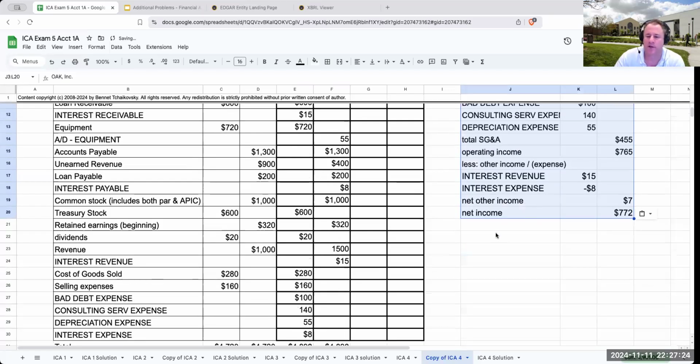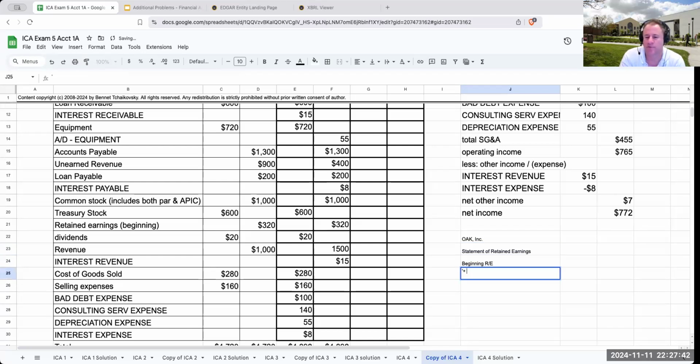Okay, so now I'm going to get down over here. Oak Inc. Statement of retained earnings. This is going to be simply my beginning retained earnings plus my net income minus my dividends, which gives me my ending retained earnings.